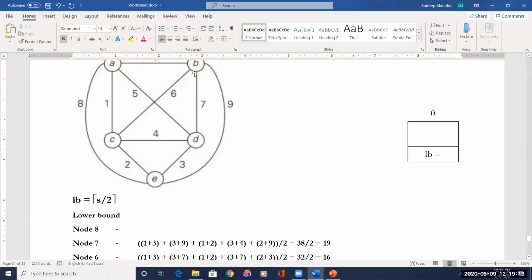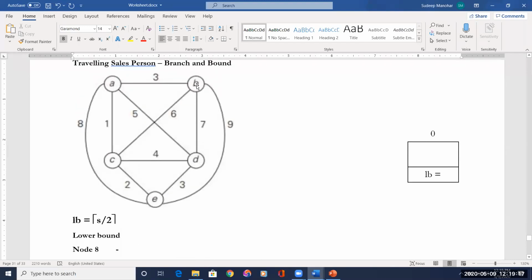It is A, B. See this path? A, B, C, D, E, and A. Okay. Now, what is for A? For A, even this 3 is compulsion as well as 8 is also compulsion. It forms a cycle. When it forms a cycle, on both the sides there will be compulsory edges. 3 plus 8.